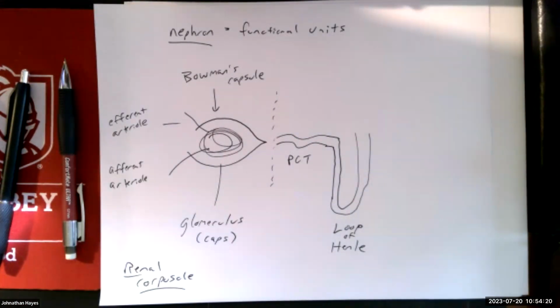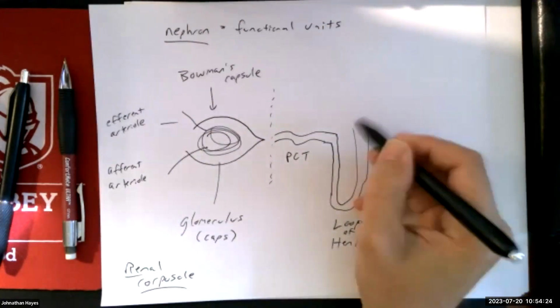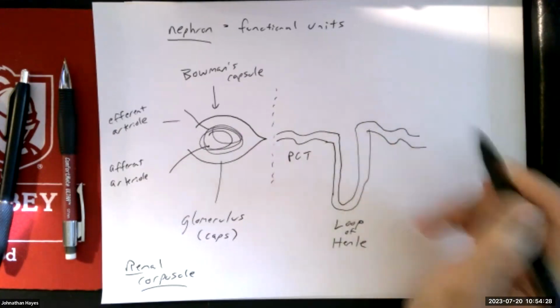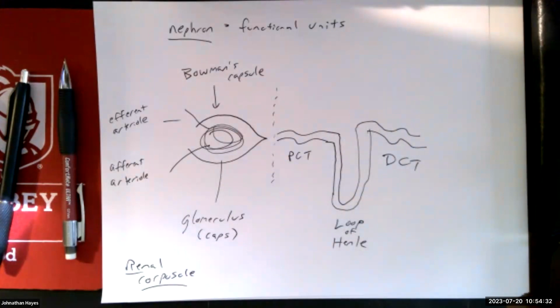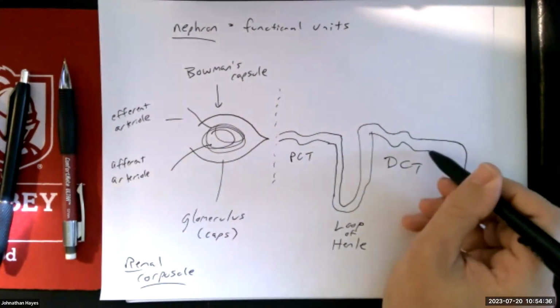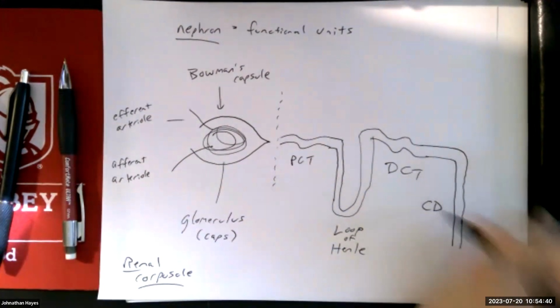Usually it's called loop of Henle. So descending limb, ascending limb, a loop of Henle. I'm just mentioning that right now. Here is a distal convoluted tubule, but DCT because this is all written out in the notes. And we're trying to diagram, which means make things simpler than what they actually are. That's what diagrams are for. And this is a collecting duct.